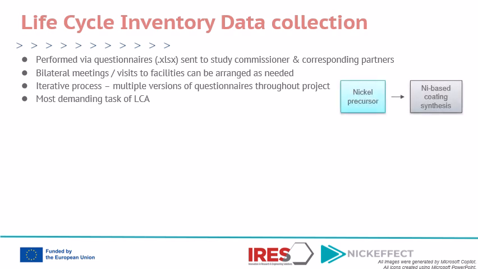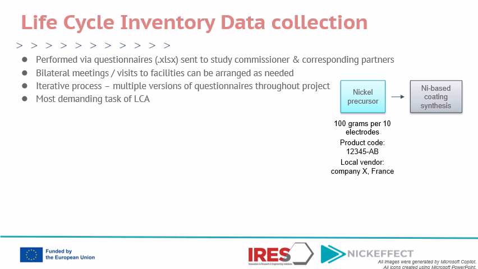Let's say, for example, that we are analyzing the development of nickel-based coatings within the NICKEFFECT project. Obviously, to no one's surprise, a nickel precursor is needed in this protocol. So what kind of information would we need from the partner doing this synthesis protocol? We would have to know how much of this nickel-based precursor is used per amount of product produced.